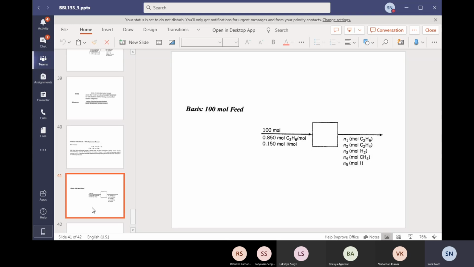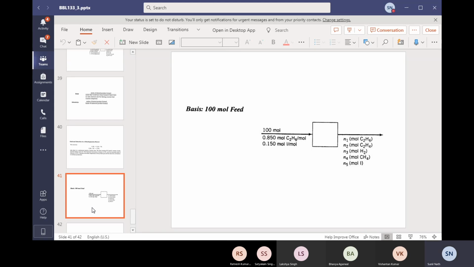So you recycled the unconverted stream back to the fresh feed input. In other words, you had a mixed flow rate to the reactor. So you have a reactor, a separator, and a recycle. And now, unlike earlier, we also have chemical reactions taking place.